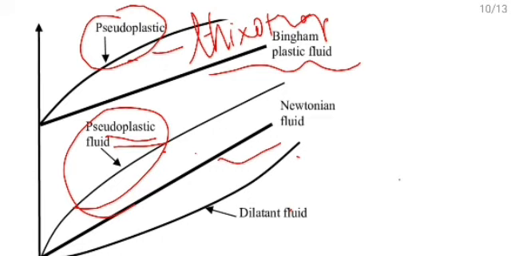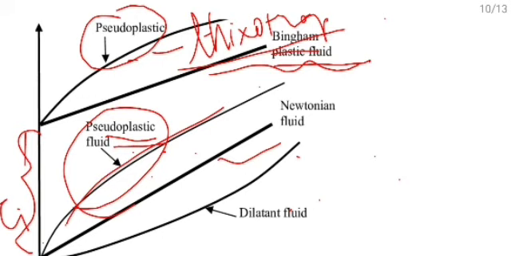We may think they are Newtonian fluids, except that they possess an initial shear stress of this much, so they are called Bingham plastic fluid. And pseudoplastic with the initial shear stress is thixotropic. Pseudoplastic, this paint, is without initial stress. But the other example is lipstick.